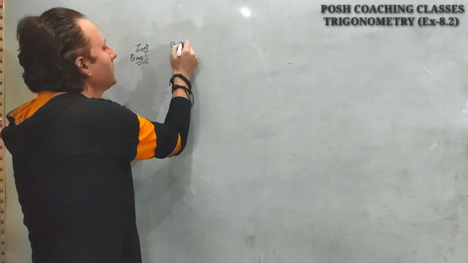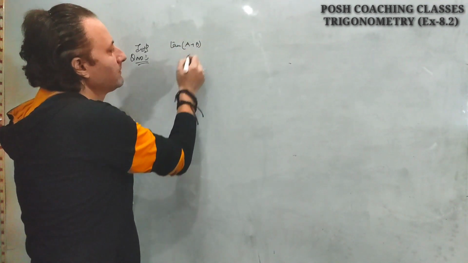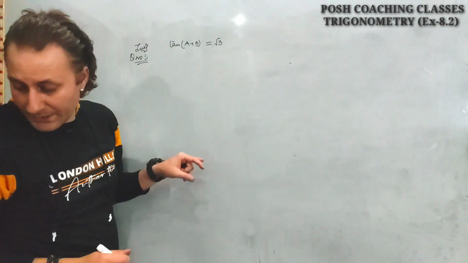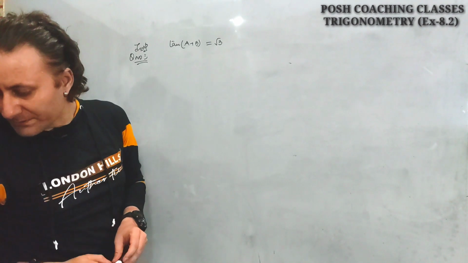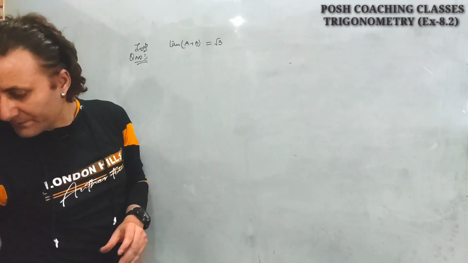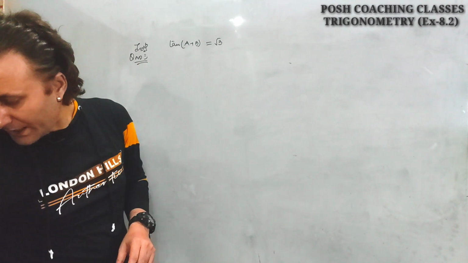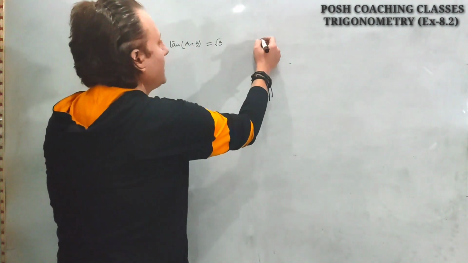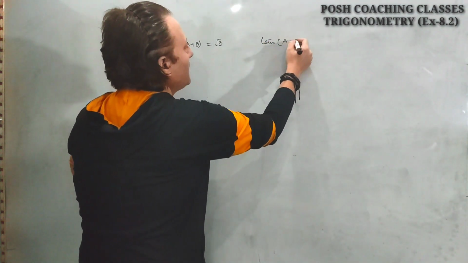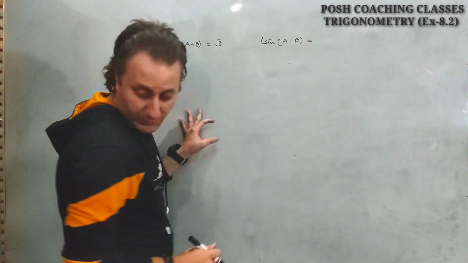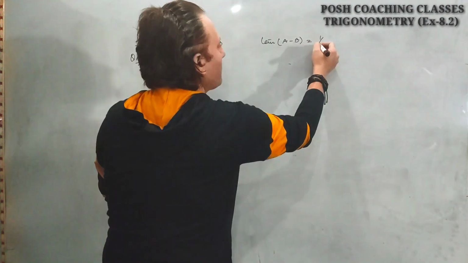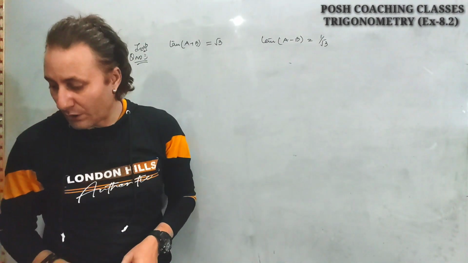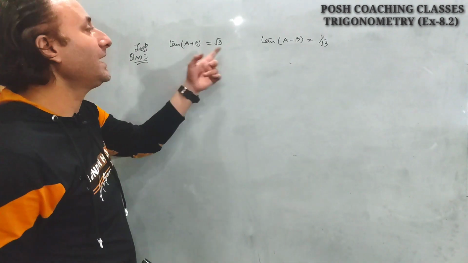It says tan(a + b) is equal to under root 3, and at the same time tan(a - b) is equal to 1 upon under root 3. So we have been given 2 conditions. Now what are we supposed to get? We are supposed to get the values of a and b.